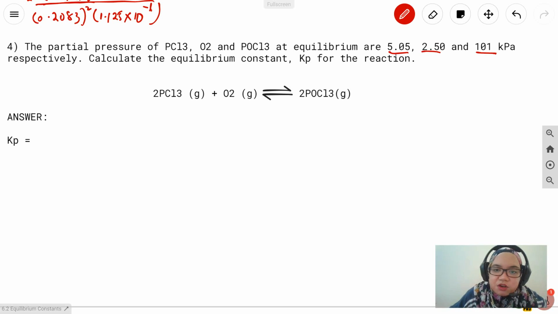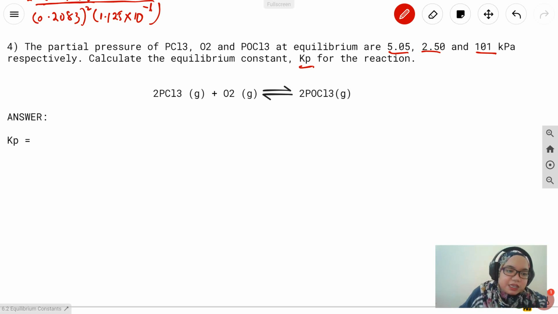Calculate the equilibrium constant Kp for the reaction. Here we can directly use this unit because all the units are the same. If the units were different, we would prefer atm, but since everything is in kPa, we just use that.